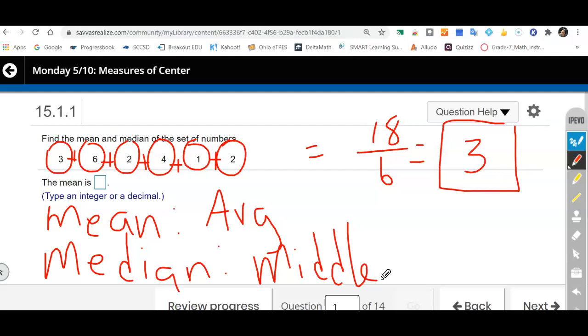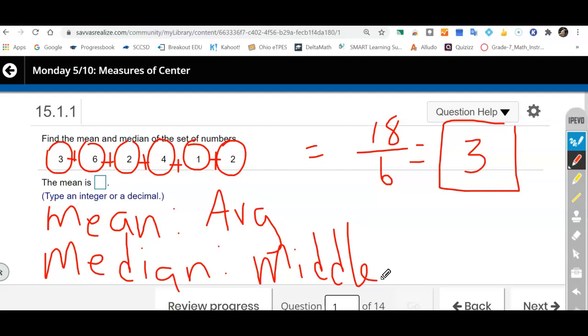So like if you guys ever heard people talk about the median of the road, it is that center in between. So think of I-75. You got lanes that go north and lanes that go south, and you got the big grassy part in the middle. We call that big grassy part in the middle the median. So the median of a set of numbers is the middle number.